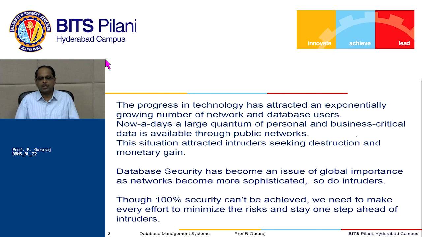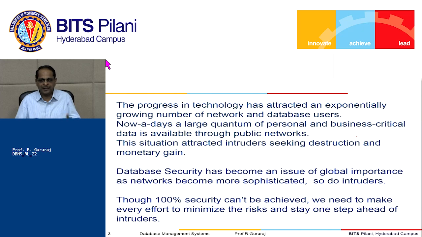The progress in technology has attracted an exponentially growing number of network and database users. Nowadays, a large quantum of personal and business critical data is available through public networks. This situation has attracted intruders seeking destruction and monetary gain. Database security has become an issue of global importance. As networks become more sophisticated, so do intruders.